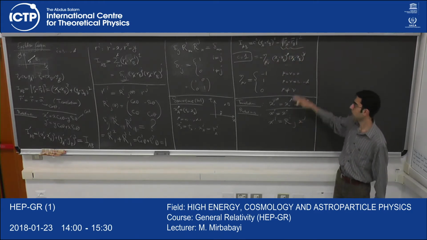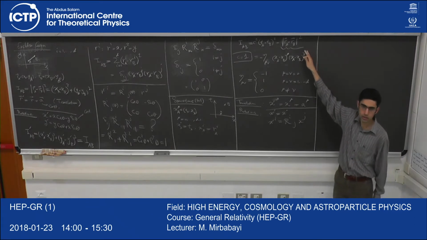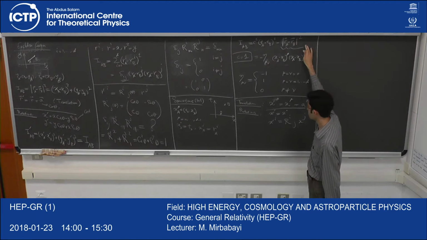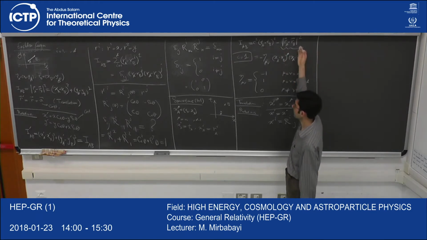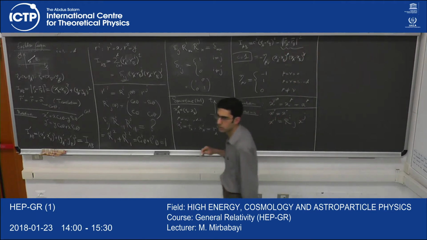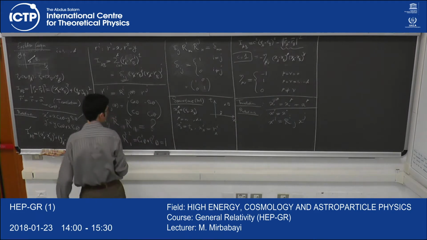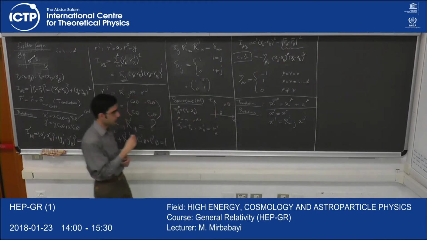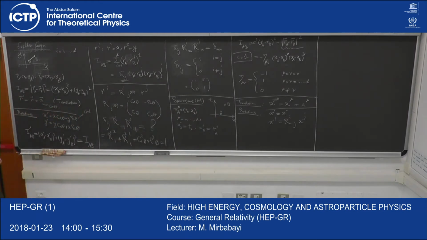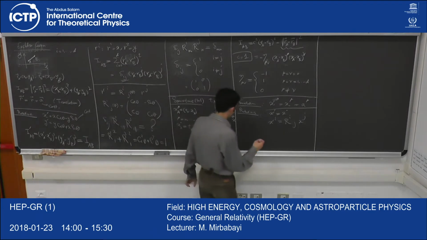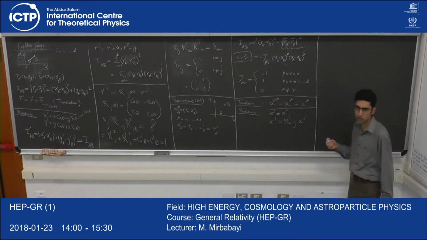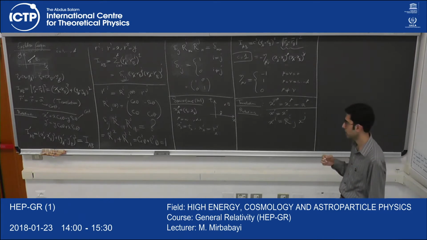Since rotations keep Euclidean distance invariant, this term remains the same, that one remains the same, therefore the interval is not changed. Okay, so these are the things that we already had before. Now the new things are the boosts, which when combined with rotations give us the Lorentz transformation.